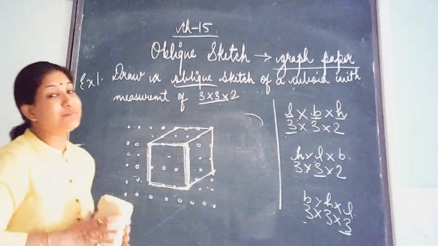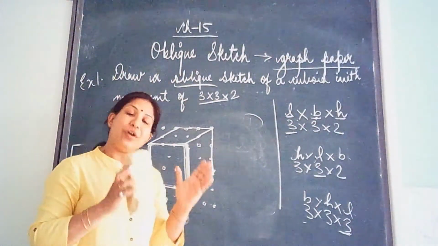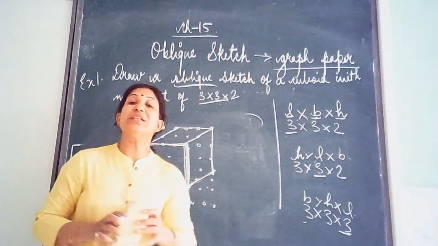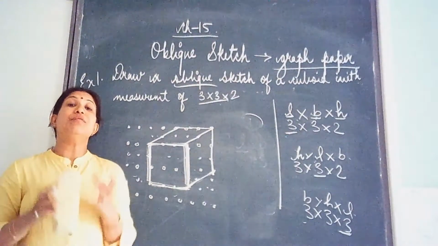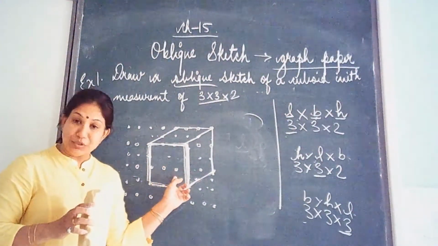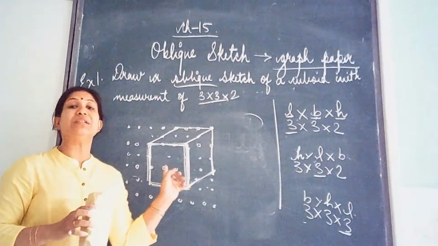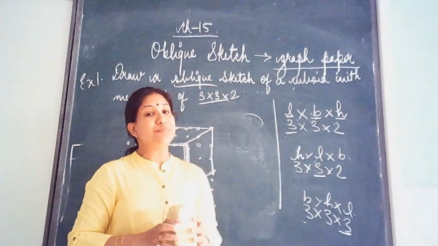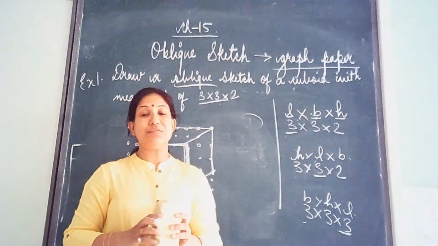This is the difference between oblique sketch and isometric sketch. If you are asked which sketch gives you the illusion of the solid figure, this is your isometric sketch. I hope you have understood the difference between oblique sketch and isometric sketch.